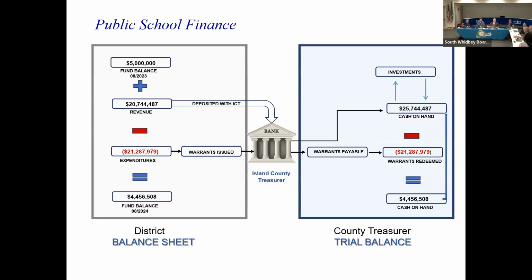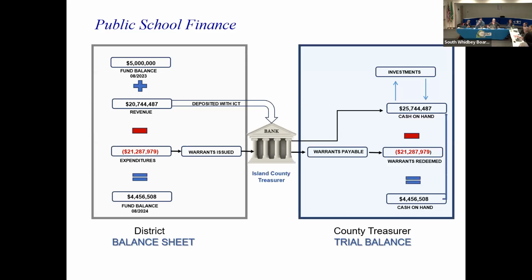They go January to December. But the reality is it accounts for the same dollars, and we balance our balance sheet to their trial balance every month to make sure that the revenue they receive and deposit is the same as we tell them we were depositing, and that the warrants we send them are the same as they are cashing. It's that double check that it's always going to be the same.